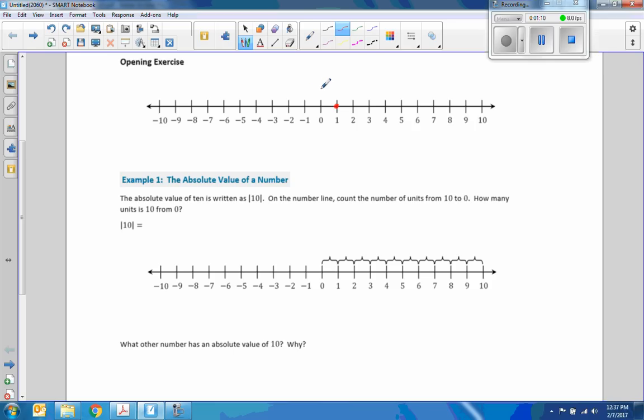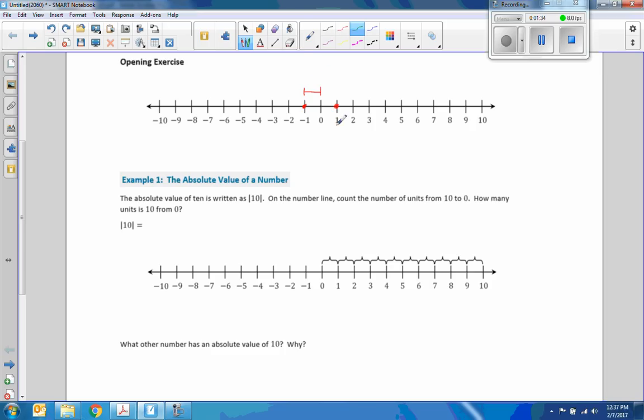If I draw now a distance from here to here, that's a distance of 1. So if I move this distance marker over like this, how far am I from 0 here? Same distance, 1. So 1 is 1 unit from 0 to the right. Negative 1 is 1 unit from 0 to the left.